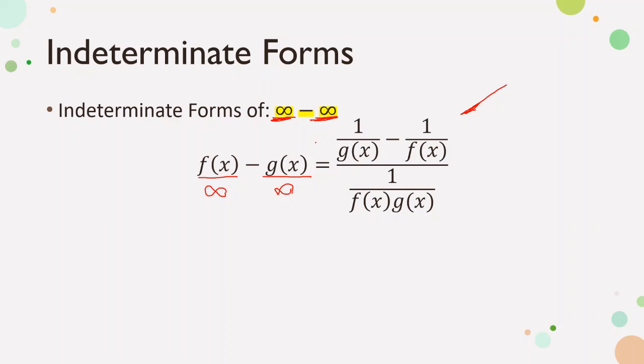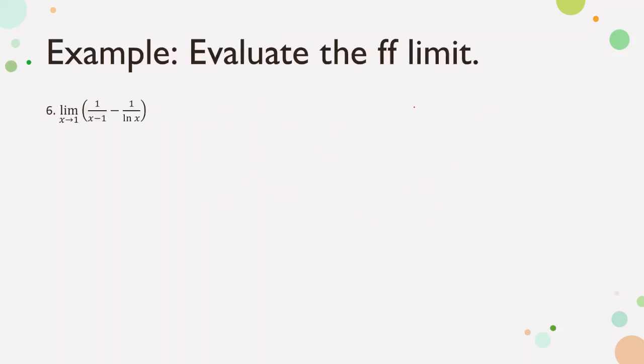Class, g of x would become positive here. And just do not mind the signs, just take the absolute value of g of x. And for the f of x, just also have it negative for the numerator. So assuming we have this function, the limit as x approaches 1 of 1 over x minus 1 minus 1 over ln x.